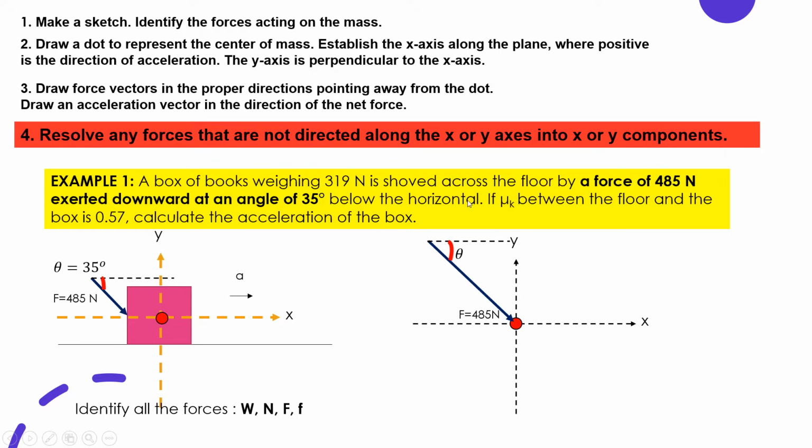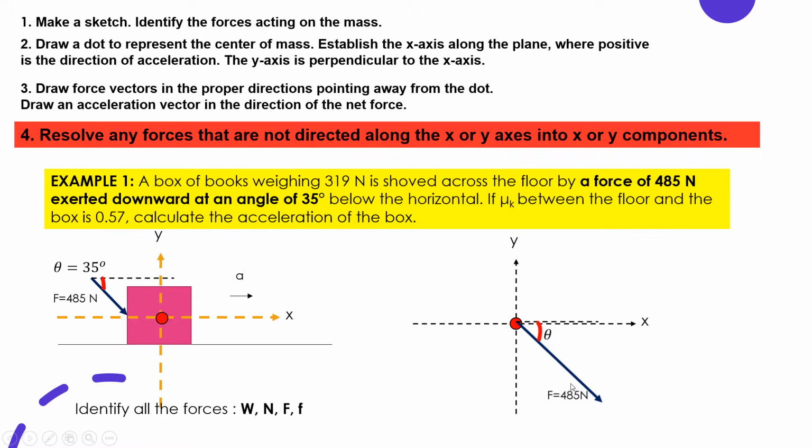Always pointing away from the dot. So, arrow yang biru ini kita pindahkan dia. Tengok, saya pindahkan dia ke bawah. So we still have the same direction, which is at an angle of 35 degree. But now the arrow must be pointing away from the dot.